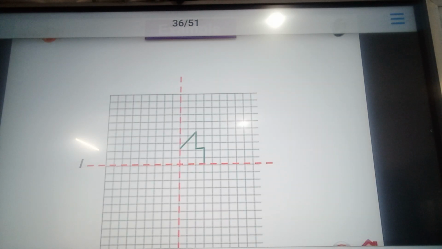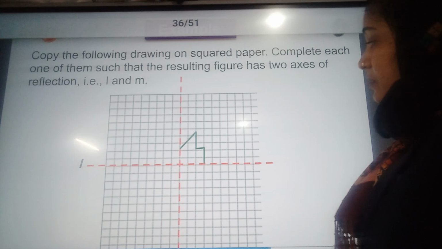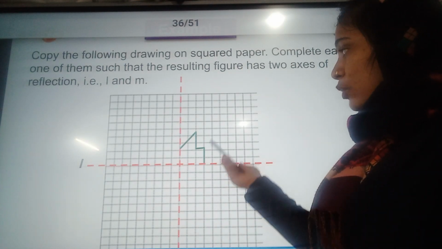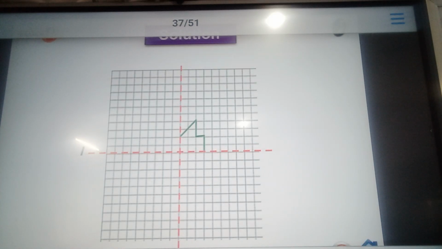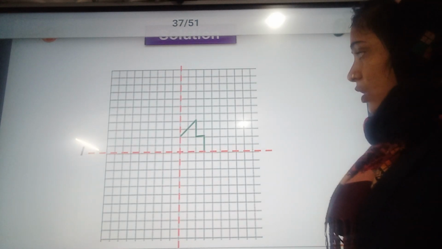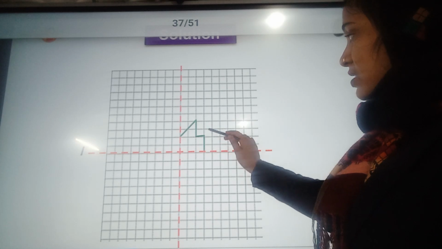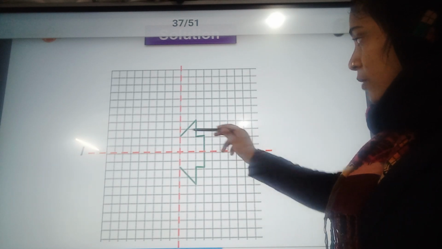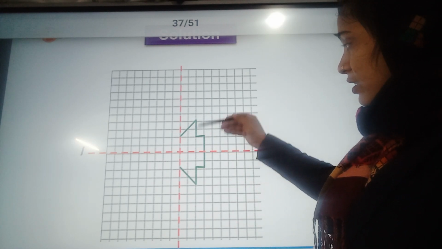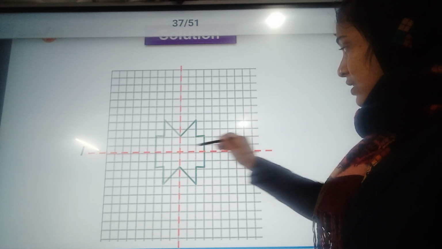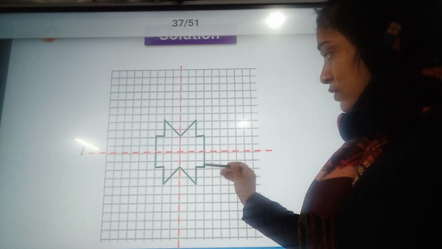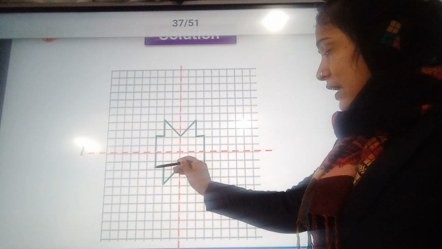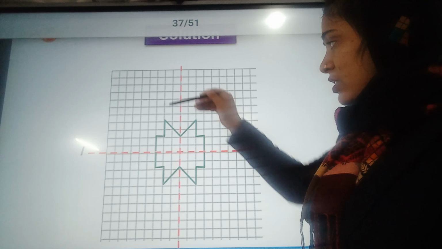Here are some more examples to explain how the figure is symmetrical. So here is the solution. This is the object, how the solution is formed. Let us get it reflected about this line. Then this image will act as an object, and it will give a reflection this way.